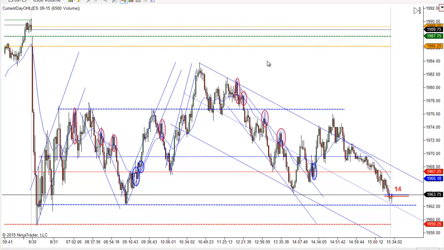Another thing that you'll notice, a lot of these bars are huge. There's no way to get in a lot of these with a 2-point rule.